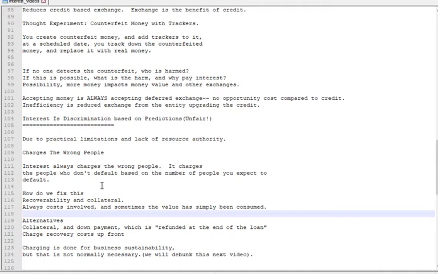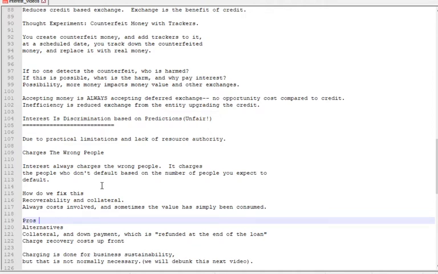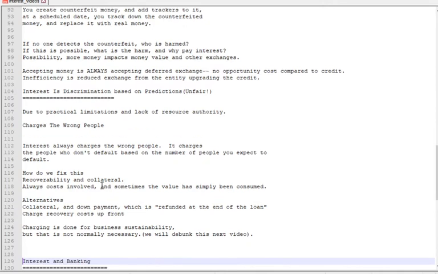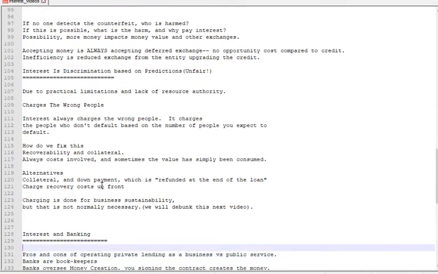And if you want to operate private lending as a business, there are pros and cons of operating private lending as a business versus public service. It's actually a mix of both, and we're going to talk about that in the next video. It's not super complicated: interest always gets charged to the wrong person for practical reasons.